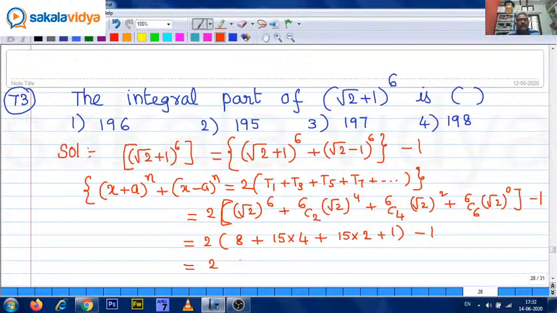Let us simplify. 60 plus 30 plus 8 is 98, so 198, minus 1. 197 is the integral part of the given question. So that means the third option.